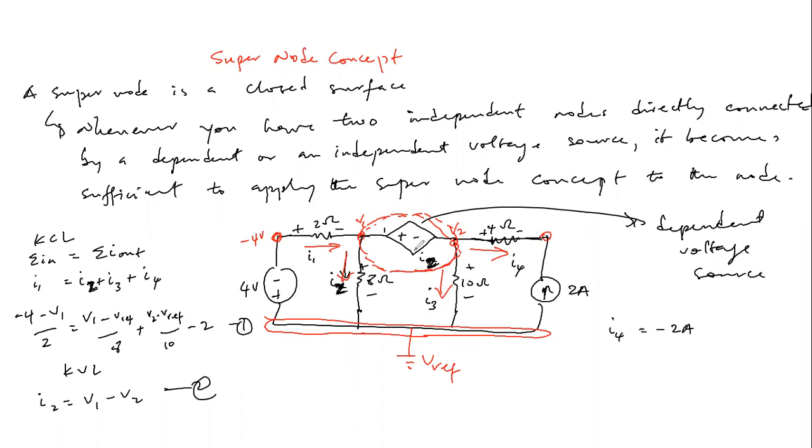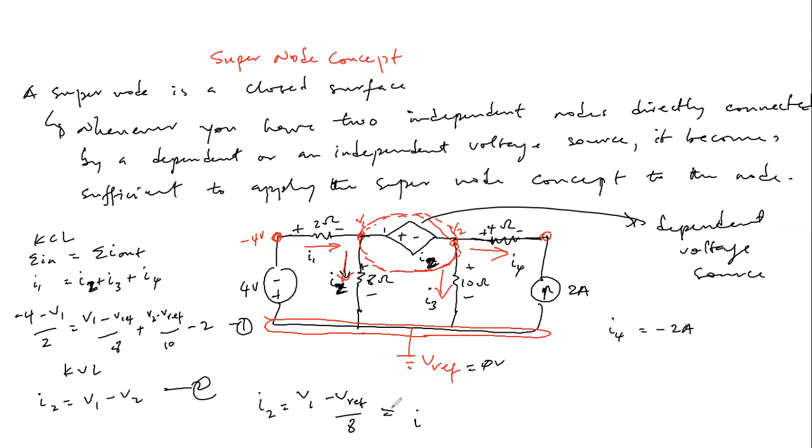Then the last point is we want to relate the dependent variable in terms of the node voltages. That's I2. And I2 now is the voltage flowing through this branch, which is the same as V1, V1 minus Vref, where Vref is 0 volts, divided by 8.